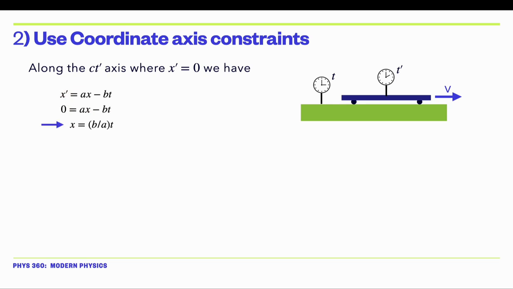And we solve for x, so x is equal to b over a times t. Well, b over a is just going to be the relative velocity between our moving coordinate frames. So in other words, b over a must just be equal to the velocity, or b is just equal to v times a.